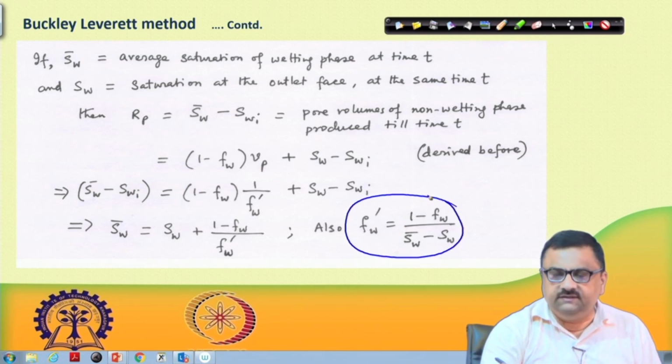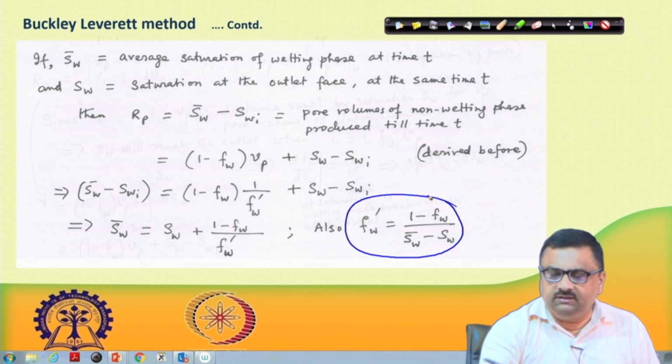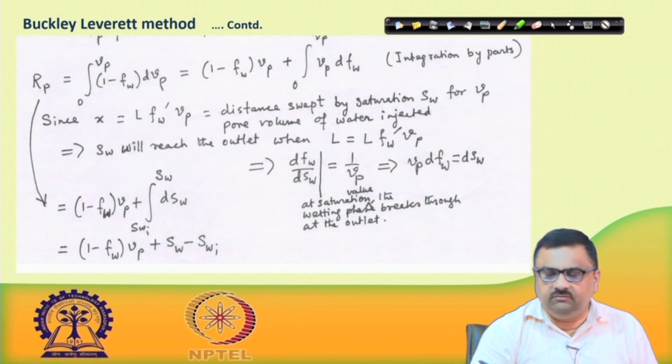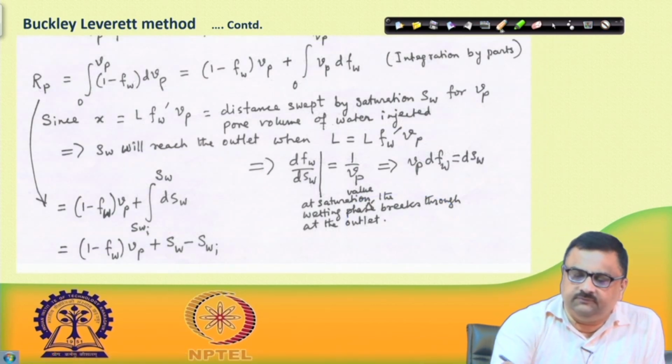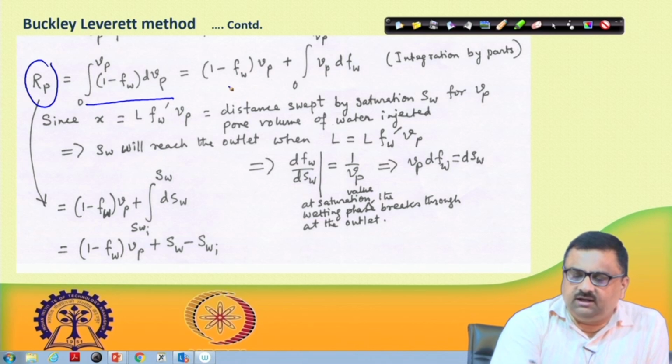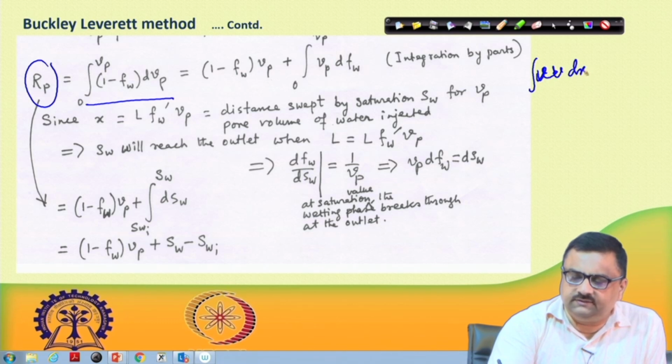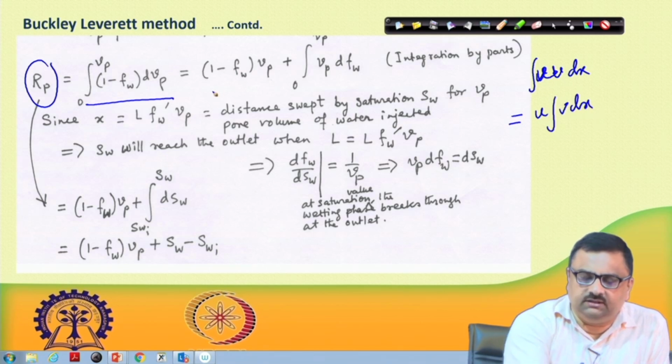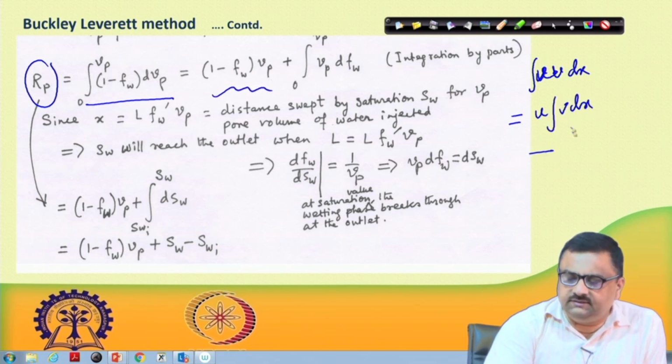What was the origin of this? If we go quickly to this, we were earlier talking about the oil produced, and this expression we had integrated by parts. As I mentioned in the earlier section, if you write the integral of u v dx, it is equal to u times the integral of v dx, that is the first term here, minus the integration of u prime, that is the derivative.